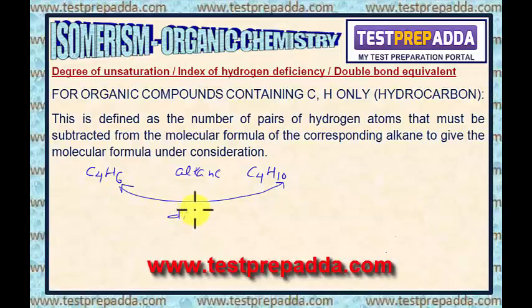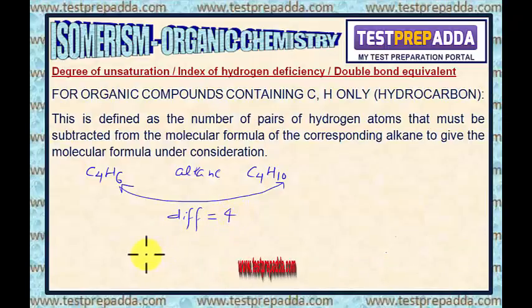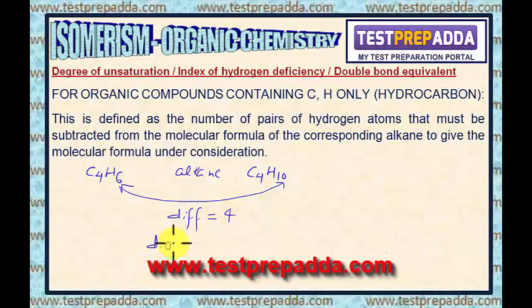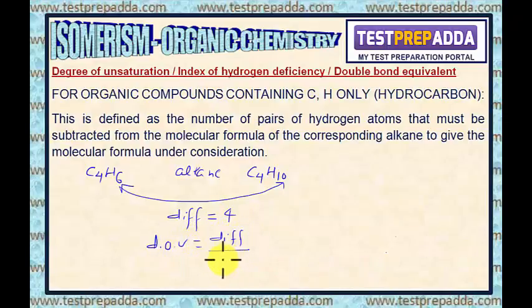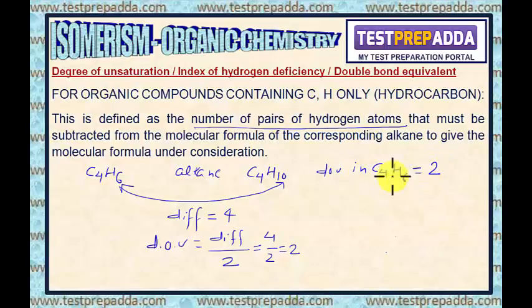The difference is 4. So the degree of unsaturation is this difference upon 2, because we count the number of pairs of hydrogen atoms. That comes as 4 upon 2, which is 2. So the degree of unsaturation in C4H6 is equal to 2.